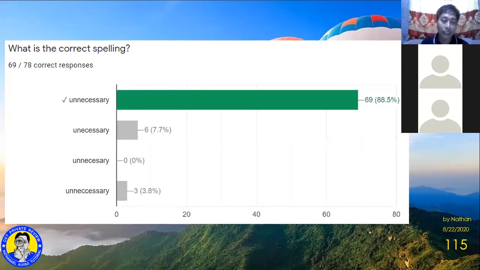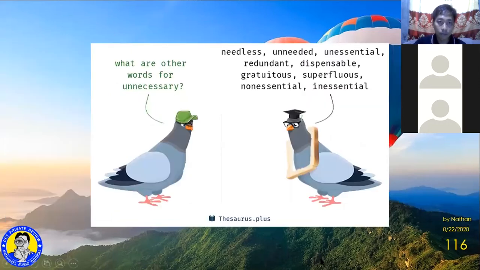What I usually get wrong when I misspell unnecessary is the double C. But it's single C, double S. And while you're studying the correct spelling, you might as well also study the meaning, because it might not appear as a spelling question, but as a give the meaning or give the opposite meaning question. So unnecessary is needless, unneeded, unessential. Superfluous is kababawan, kaartehan.